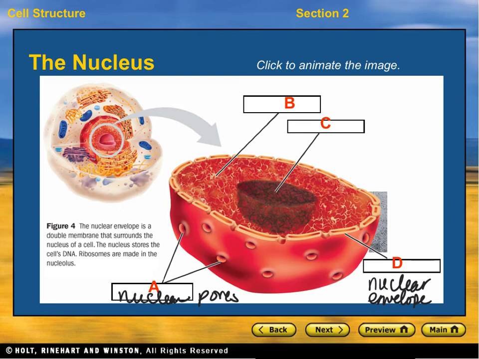B is pointing to the DNA within that nuclear envelope. And then this dark shape here in the middle is the actual nucleus.